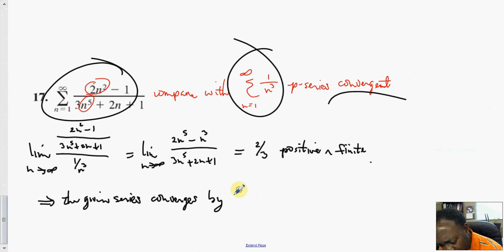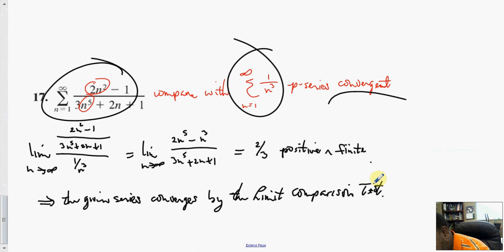It converges by the limit comparison test.